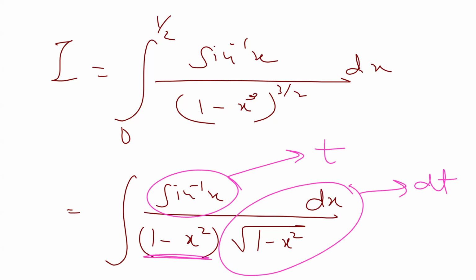Then the denominator has to be manipulated separately: 1 minus sine t the whole square, because x is sine t, right? Sine inverse x is t, so x is sine t. So x square is sine square t, and 1 minus sine square is cos square. Take cos square to the numerator, it is going to be sec square. So it will be t sec square t dt. Again, UV rule. You can try this problem on your own. I have discussed this with you all, but please try this problem at home.